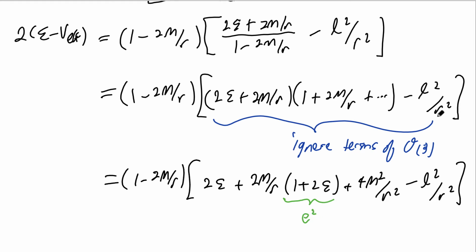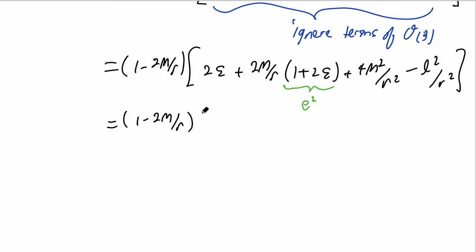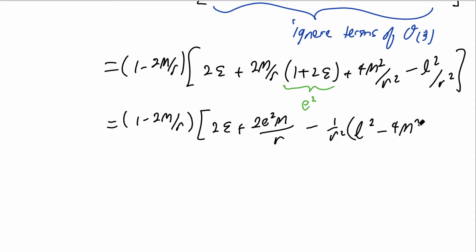So let's rewrite this as 1 minus 2m over r times 2 big E plus 2 little e squared m over r. And now let's write these two terms as minus 1 over r squared times L squared minus 4m squared.